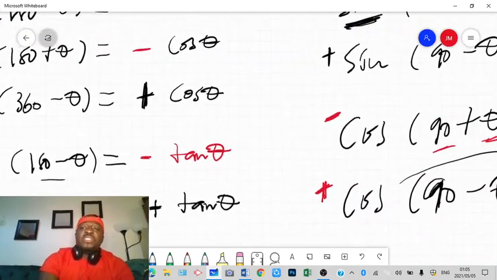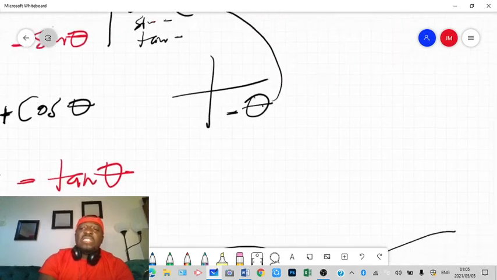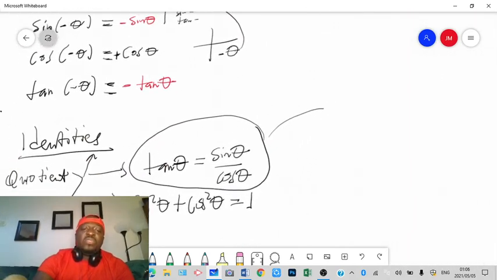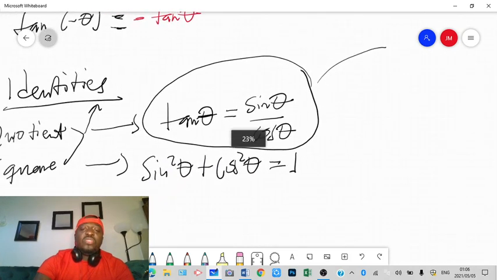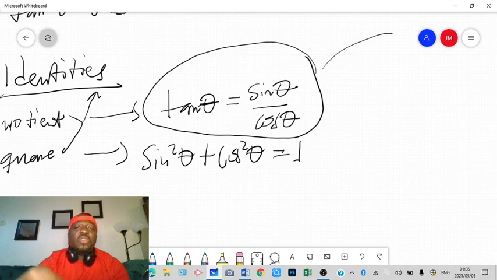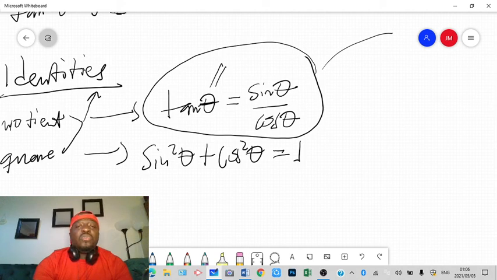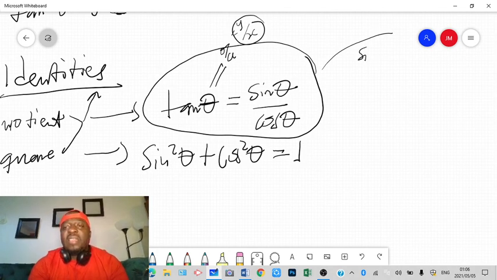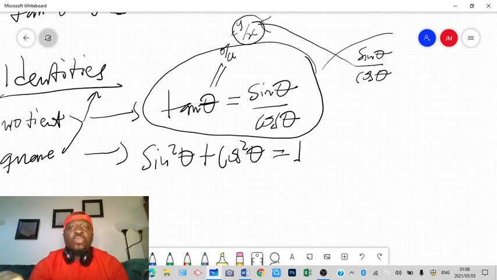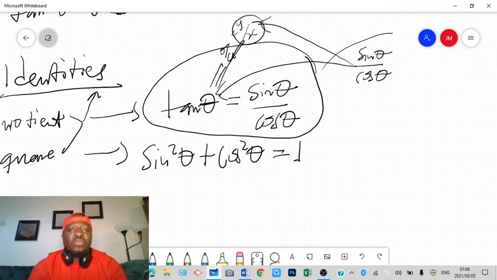So you're going to use that information to prove that tan theta is equal to sine theta over cos theta. What is your tan theta? Your tan theta is equal to your opposite side over adjacent side. Your opposite side is y, your adjacent side is x. So if we can prove that sine theta over cos theta is equal to y over x, then this is equal to tan, because tan is equal to that.